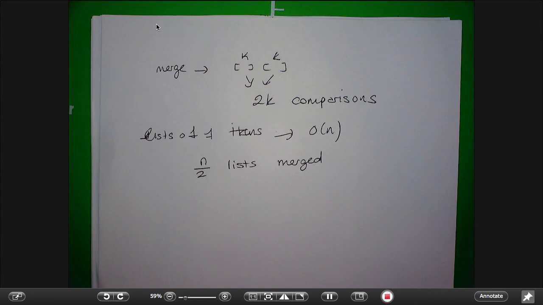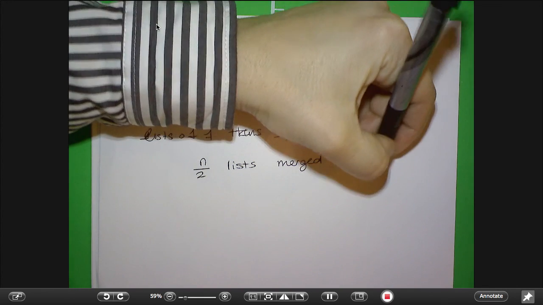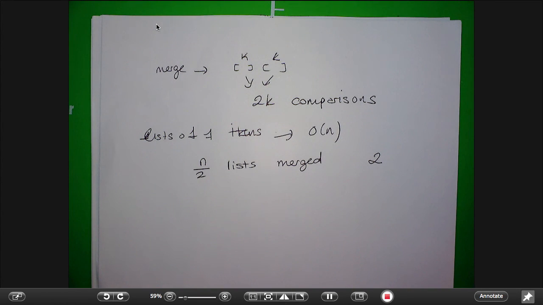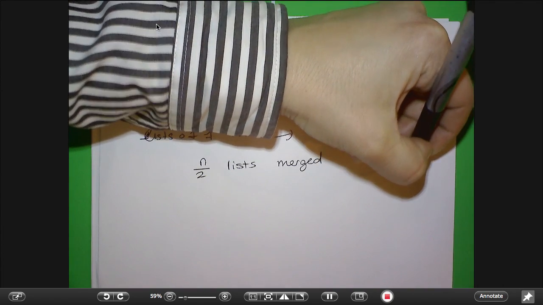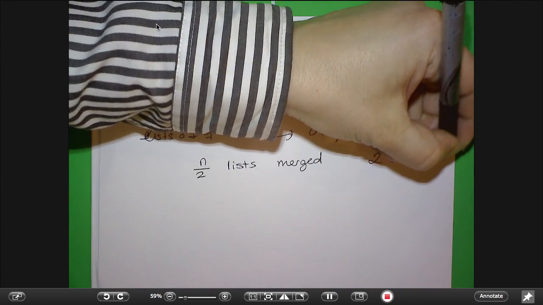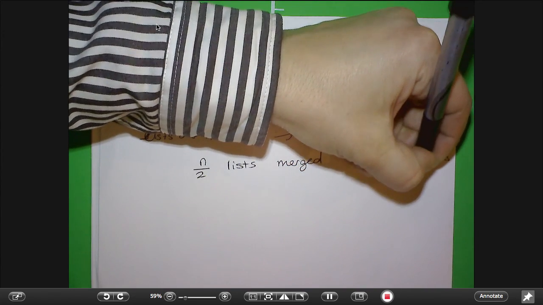Each of these lists were length 1, right? So when I merged each of these lists, I had at most 2 comparisons for each merge.